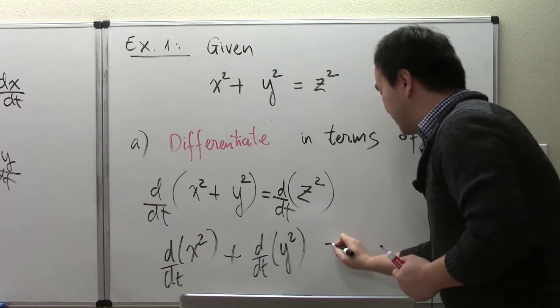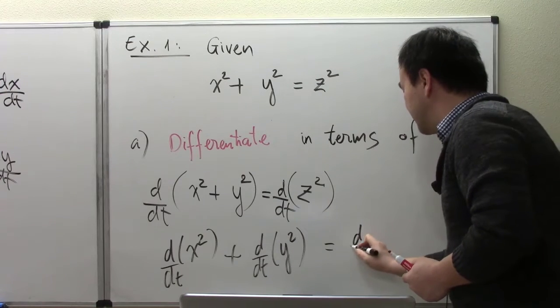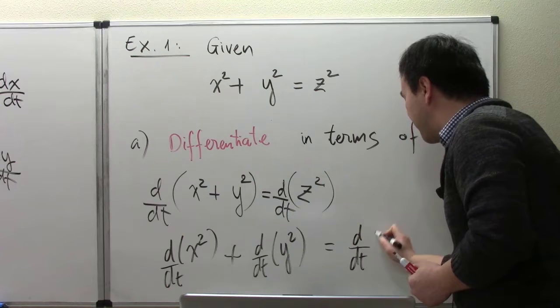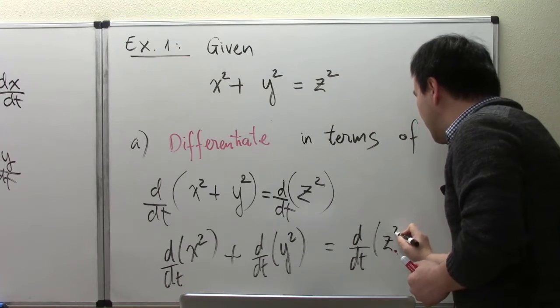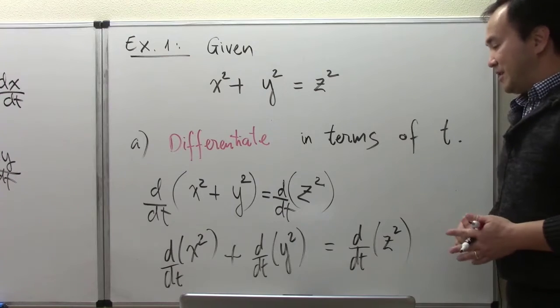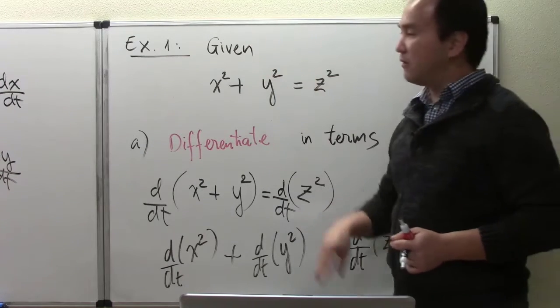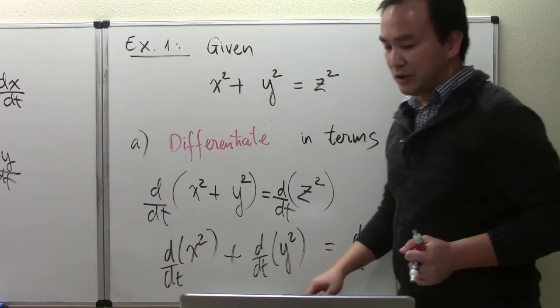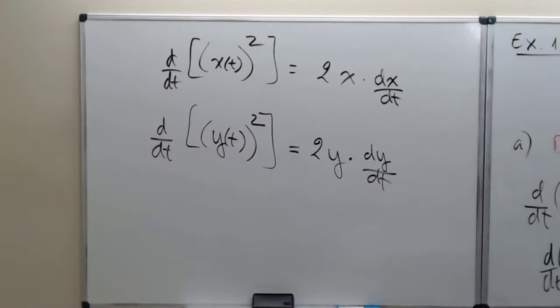The right-hand side pretty much stays the same: differentiating z squared with respect to t. Once again, I'm going to quickly step over to my other board and do a little scratch work, and then we're going to formulate all the steps together.